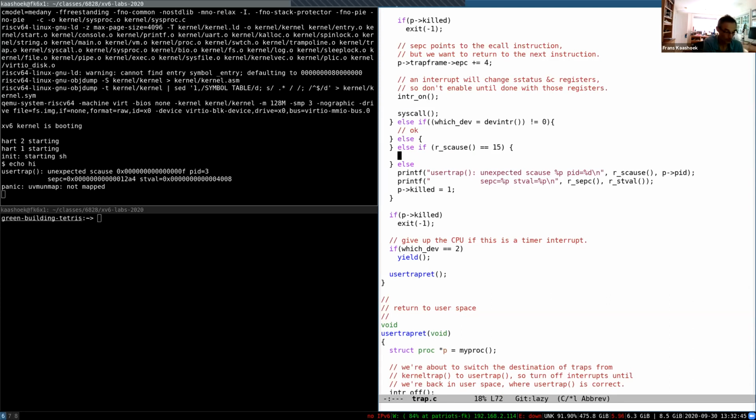What is the plan of attack for these couple lines of code? Anybody? We want to check if p->sz is more than the virtual address in stval, perhaps. Yeah, go ahead. And if this is the case, then do something like uvmalloc, I think. That's one way we could do it.